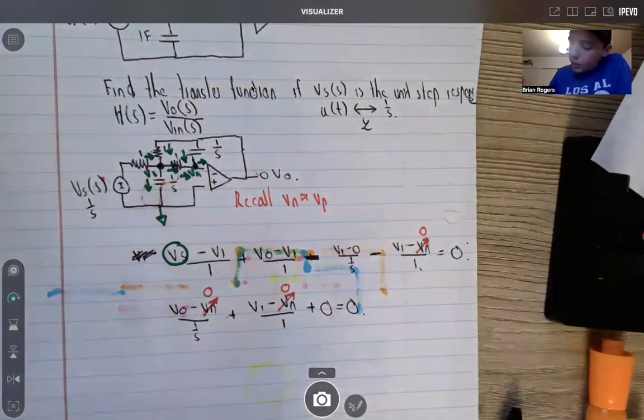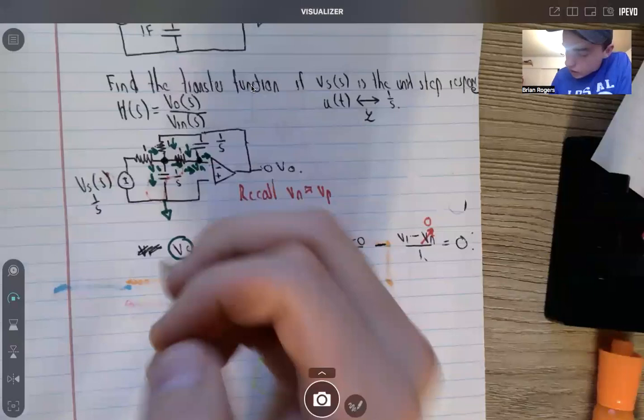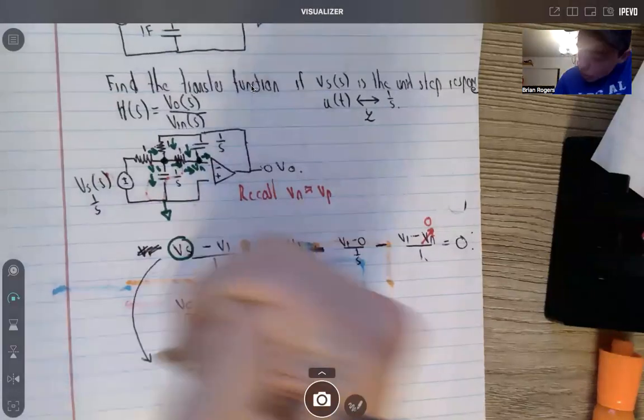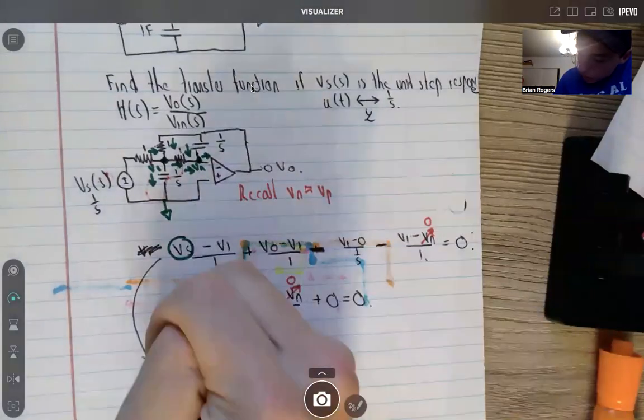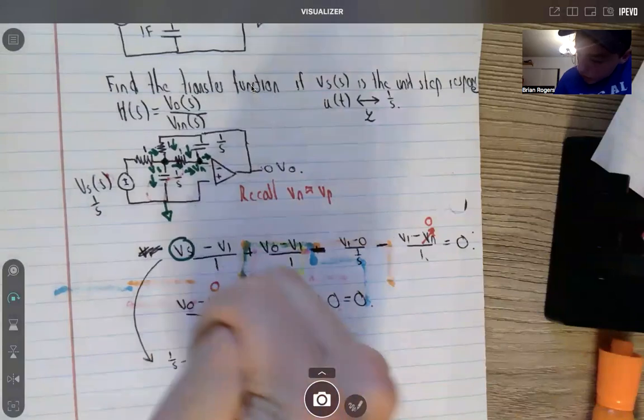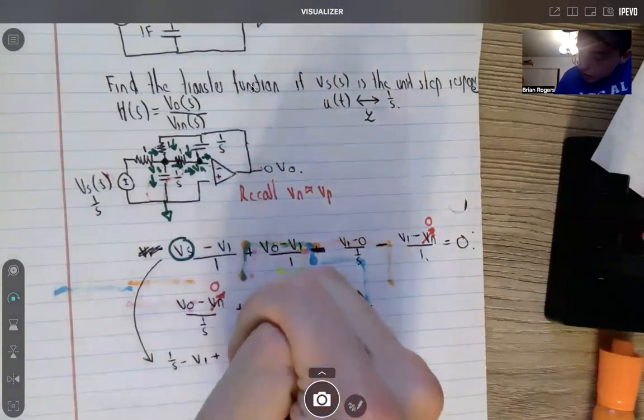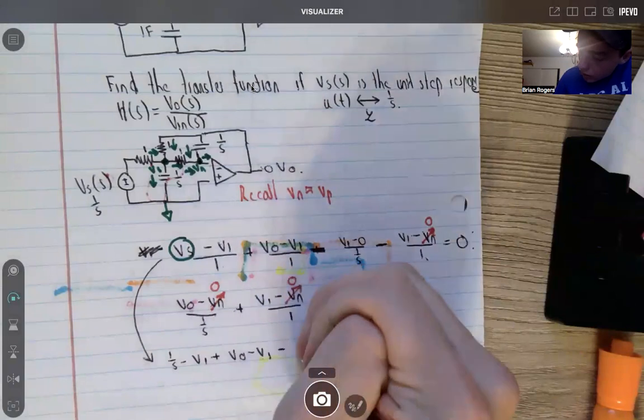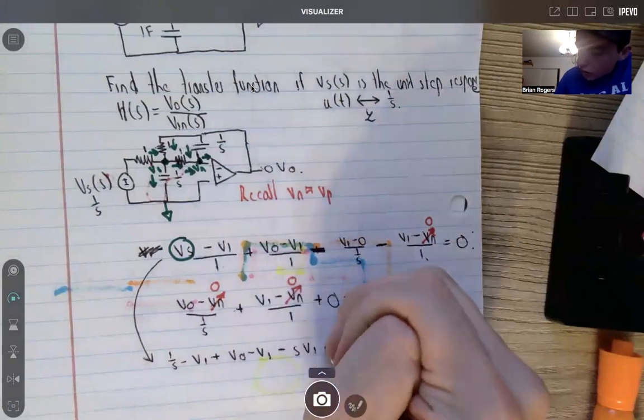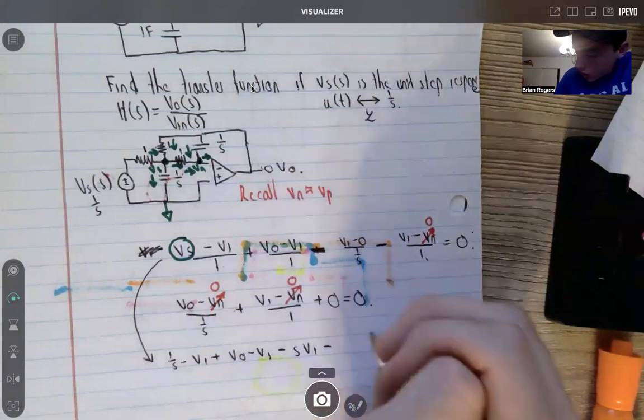So if we rewrote this equation down here, we would have 1 over S minus V1 plus V out minus V1 minus SV1, and then minus V1 is equal to 0.